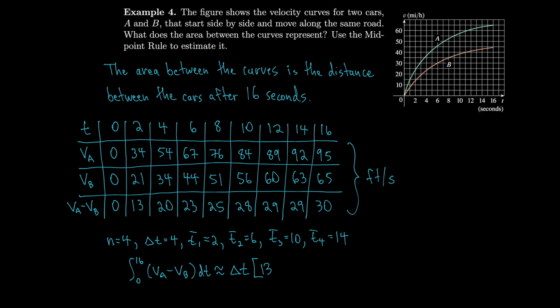Then we look at t2 bar at 6, so we look at 23. And then we look at 28, and then 29. Because those are all our difference values. Okay, we work that out and we get that this is 4 times 93, which is 372 feet.